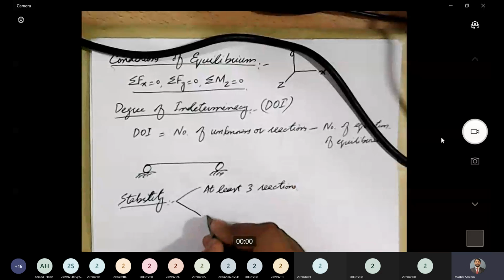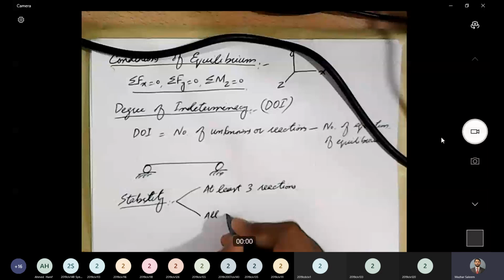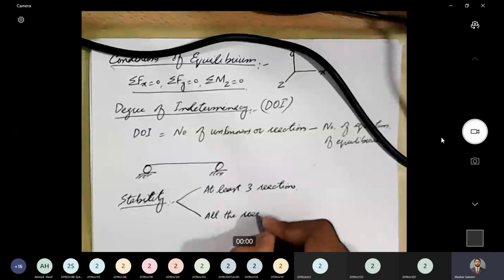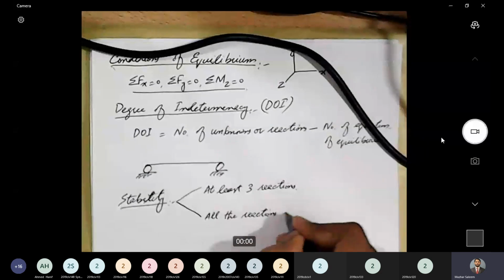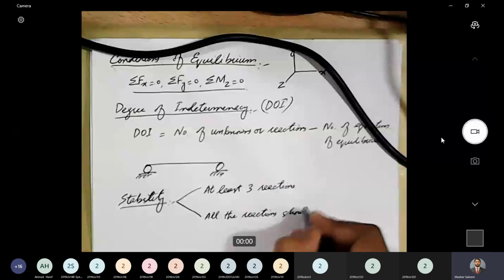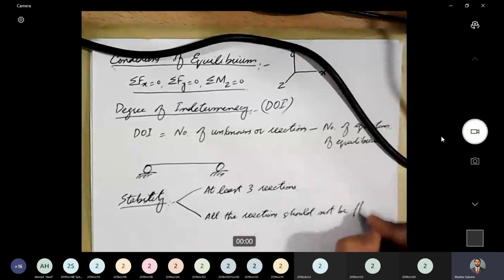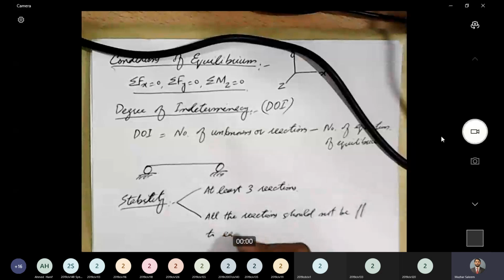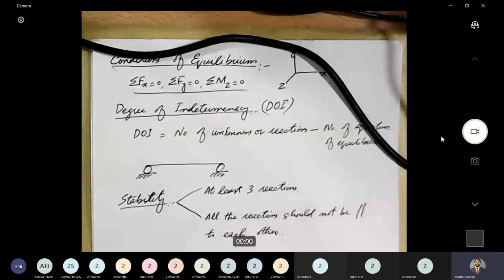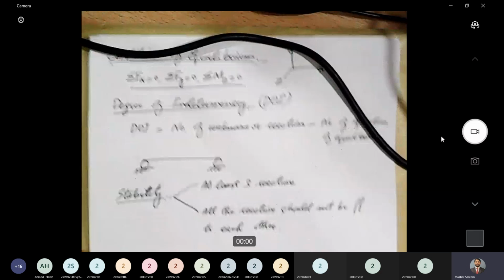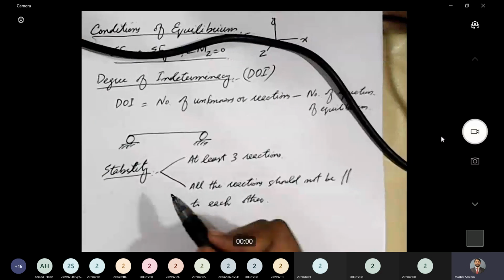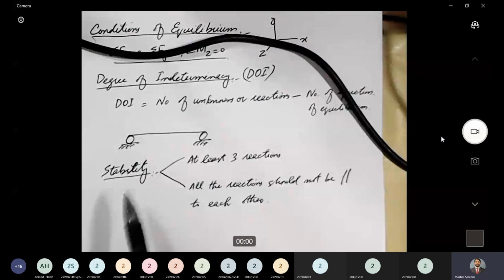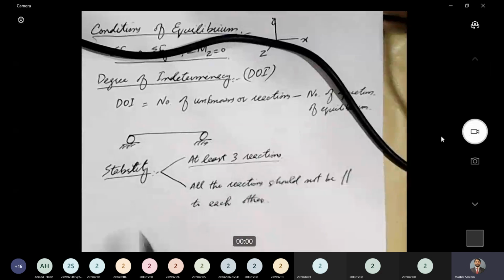Second condition of stability is all the reactions should not be parallel to each other. These are the two conditions that must be satisfied for a beam in order to be stable. There should be at least 3 reactions, and all these reactions should not be parallel to each other.